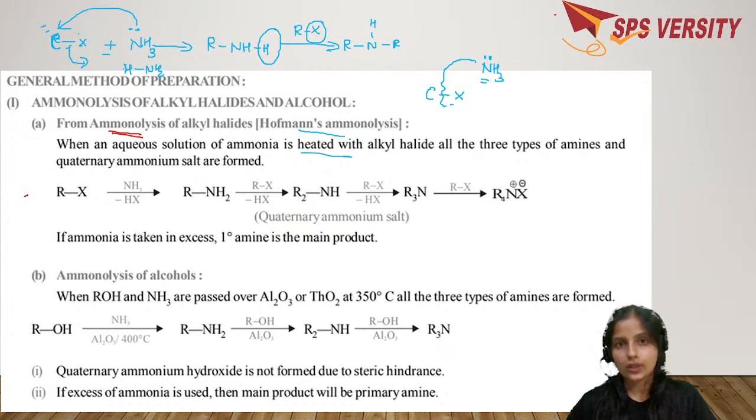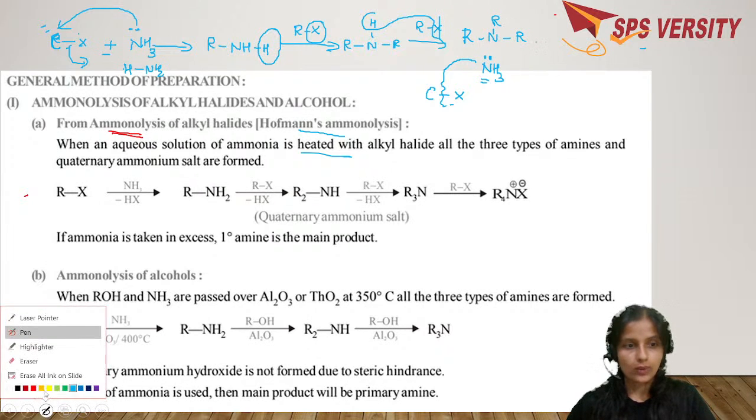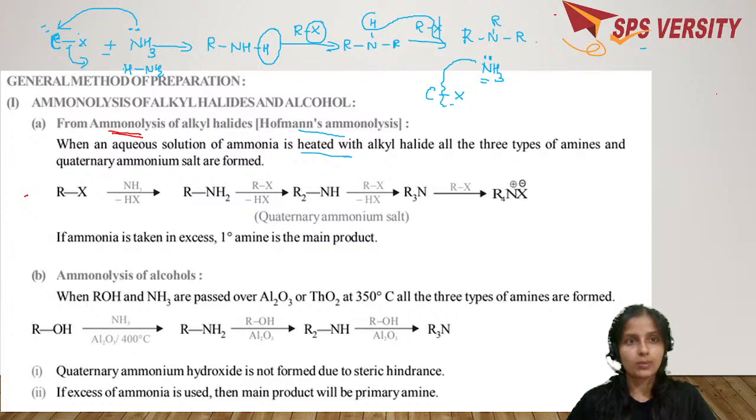Now, if you treat it with one more molecule of RX, then HX will go, and in that position you will have RNRR. So you started with one molecule of alkyl halide in the presence of ammonia to get the primary amine, which on further reaction with alkyl halide gives the secondary, which will give you the tertiary.